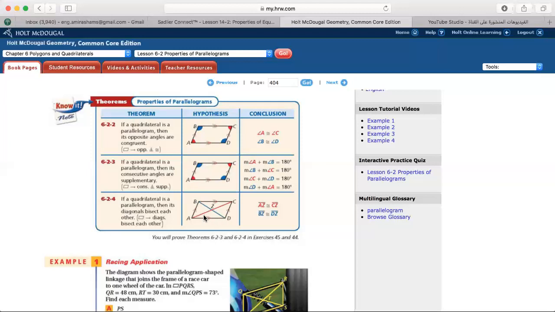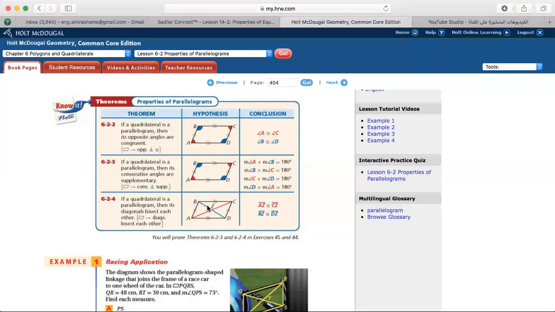BD, and the other diagonal is AC. They bisect each other. What is the meaning of bisect each other? It means that AZ is equal to CZ and BZ is equal to DZ.